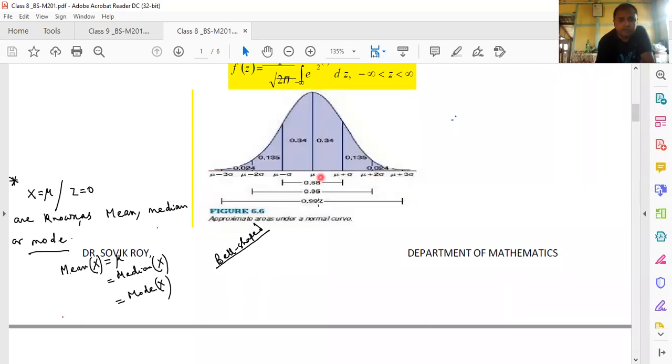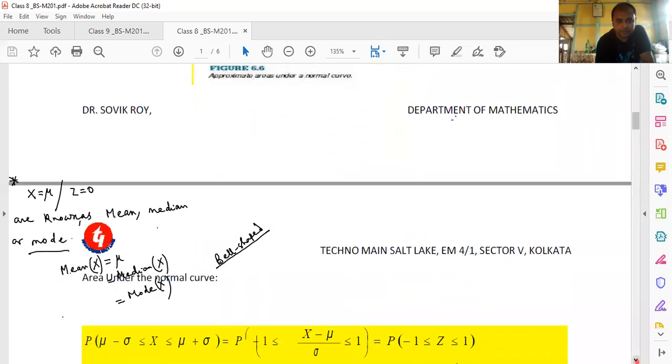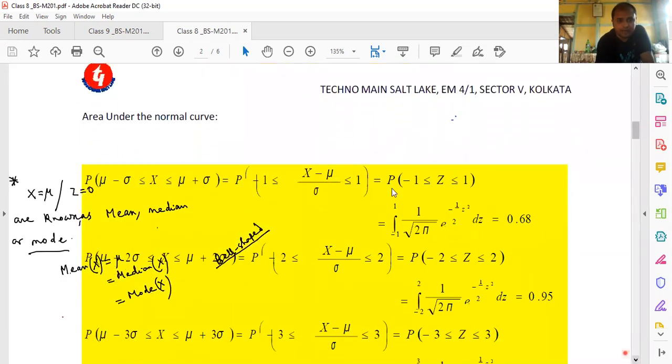Some values have been shown over here. Look at these values carefully, and that thing has been explained on the next page. Just carefully observe.